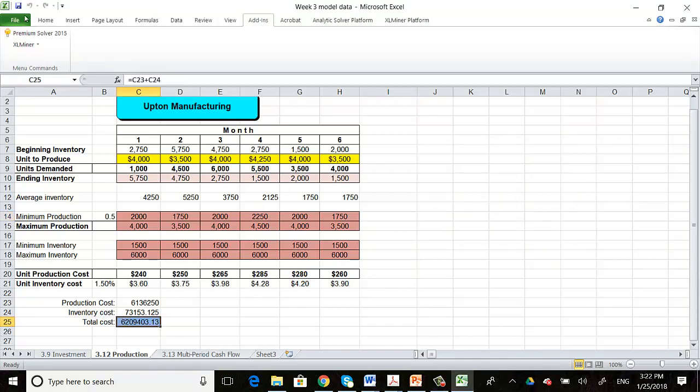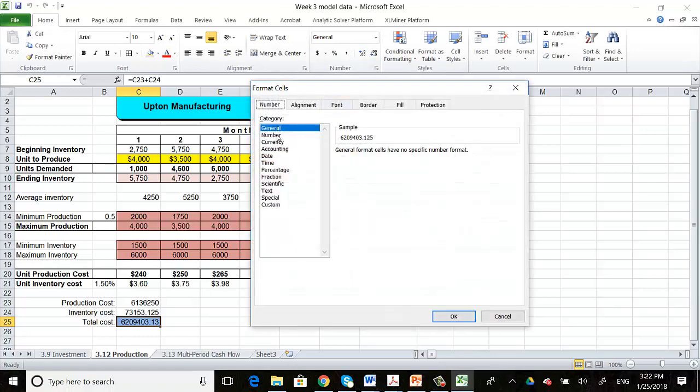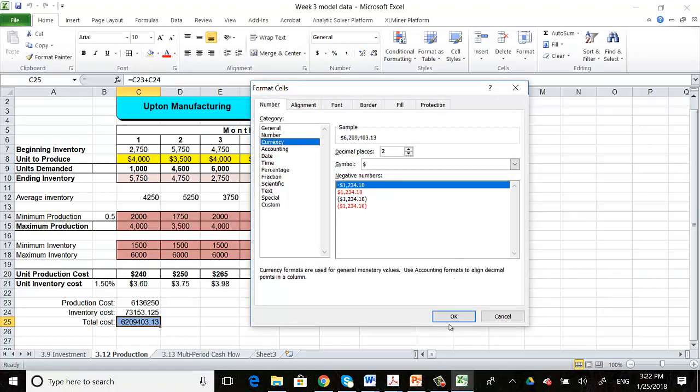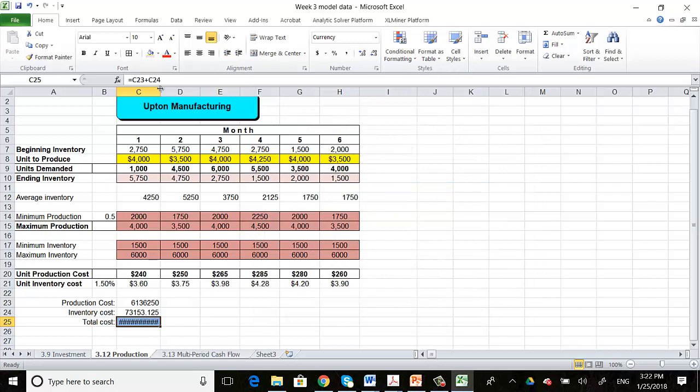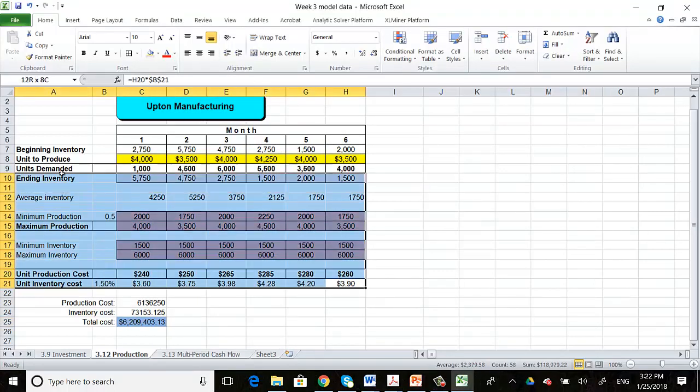So I'm going to put this as currency. I have the same number, it just doesn't show.